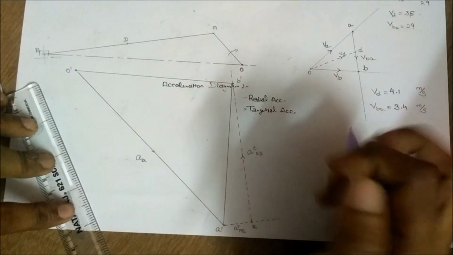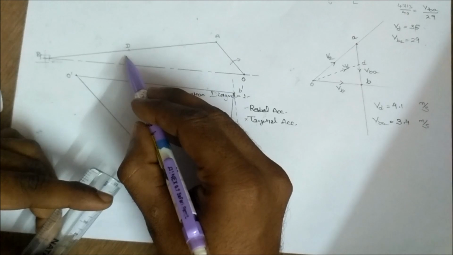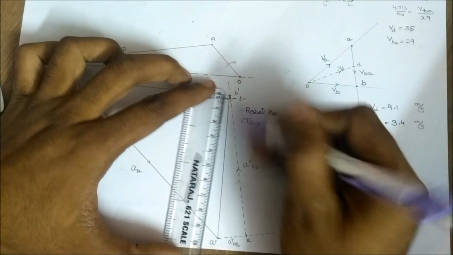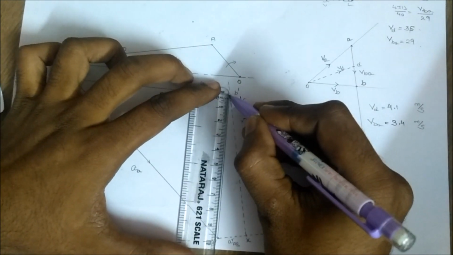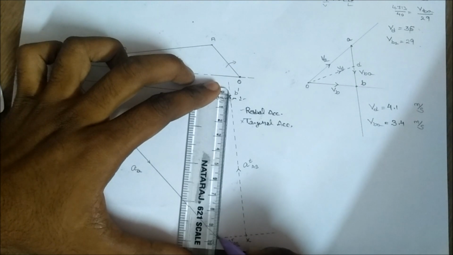And at the midpoint we need to find out what is the acceleration of the point D. So for this is the main acceleration. In this one we are going to find out what is the length. The length is about 98 mm.